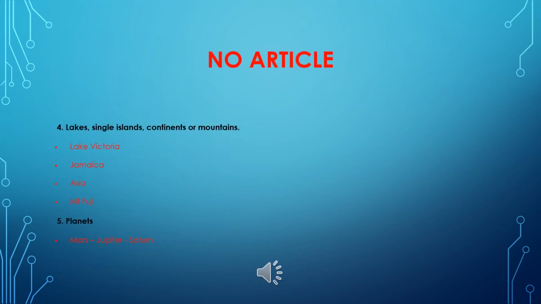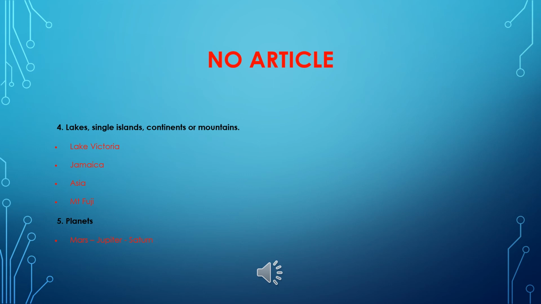We also use no articles with lakes, single islands, continents, or mountains. For example, Lake Victoria, no article. Jamaica, Asia, Mt. Fuji, and also with the names of planets.